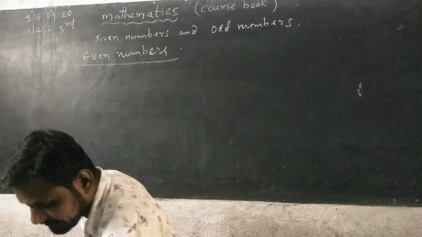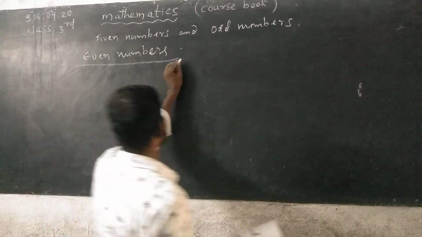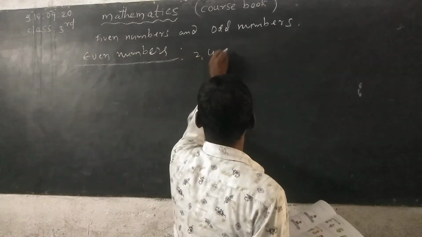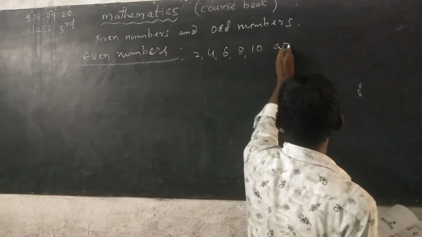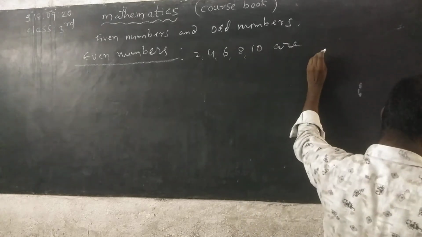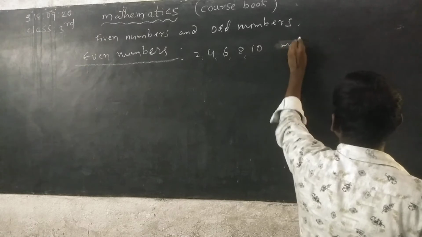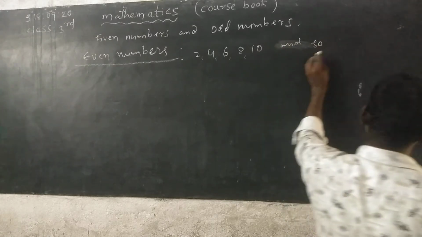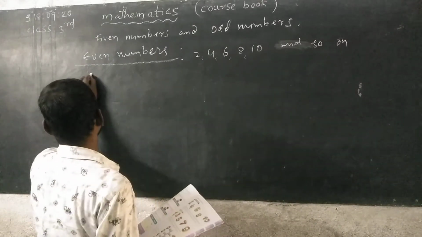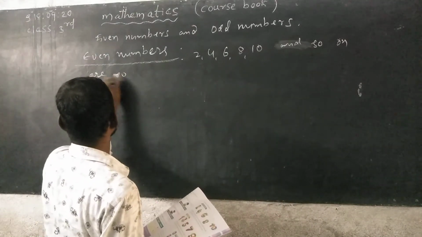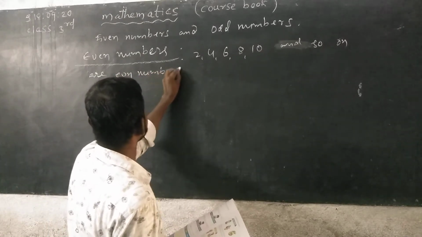See here, according to our textbook, listen carefully. 2, 4, 6, 8, 10 and so on are even numbers.